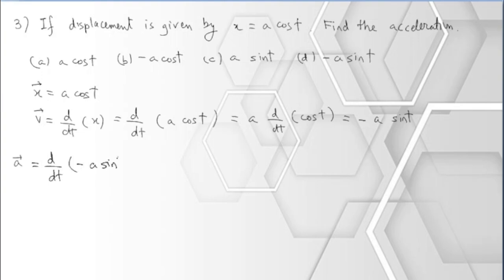So minus a is a constant, take it out, d by dt of sine t, that is equals to minus a is as it is, and d by dt of sine t is cos t, or minus a cos t.